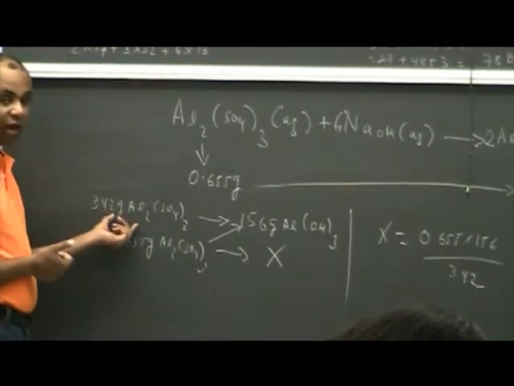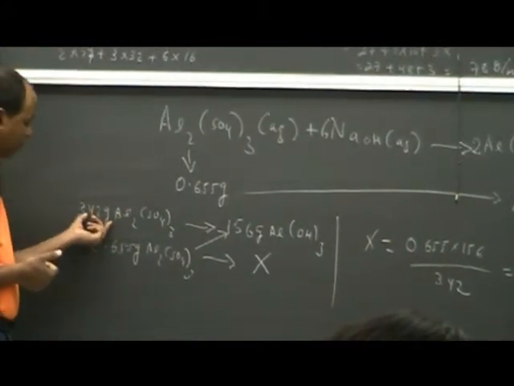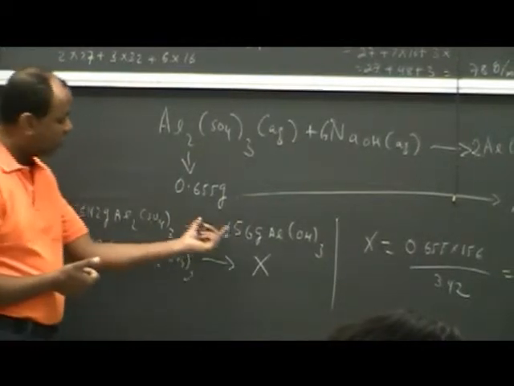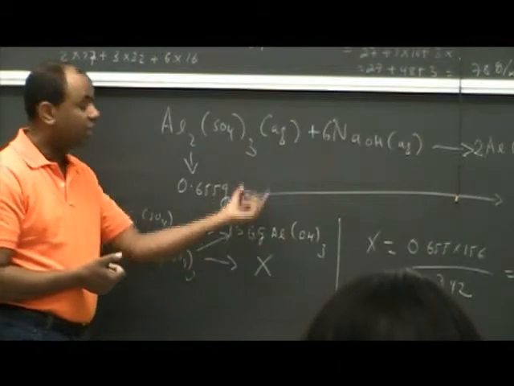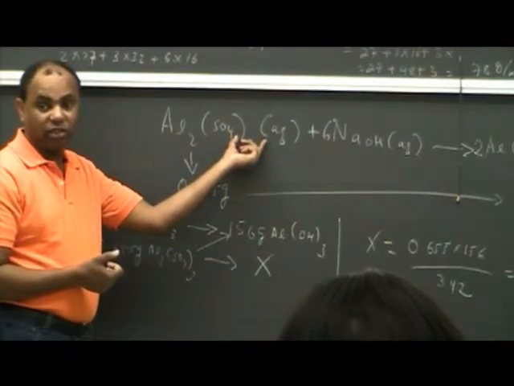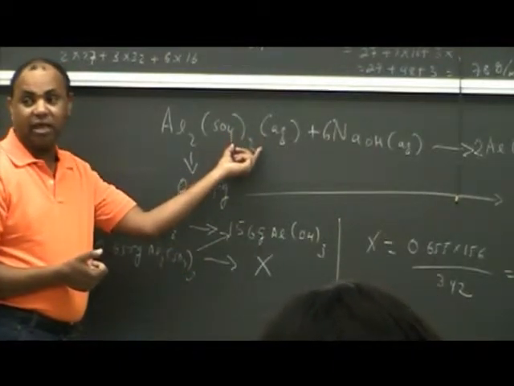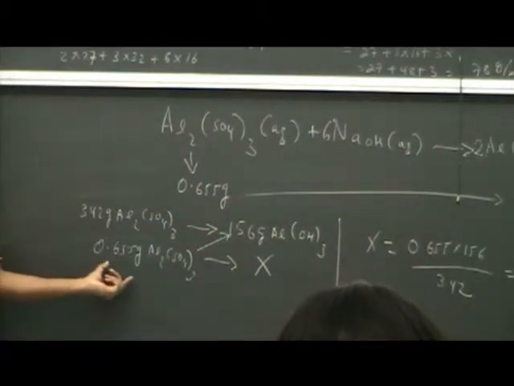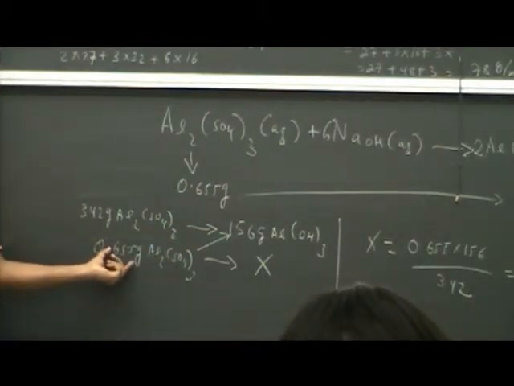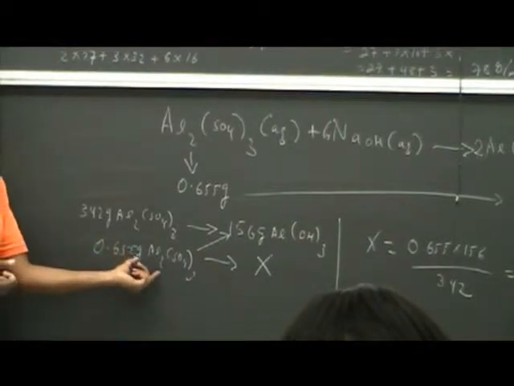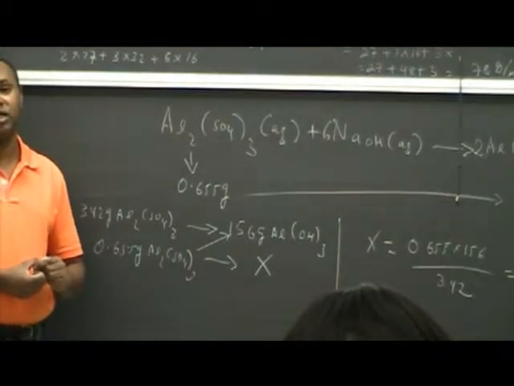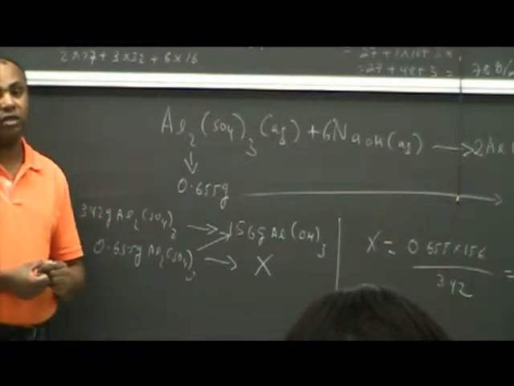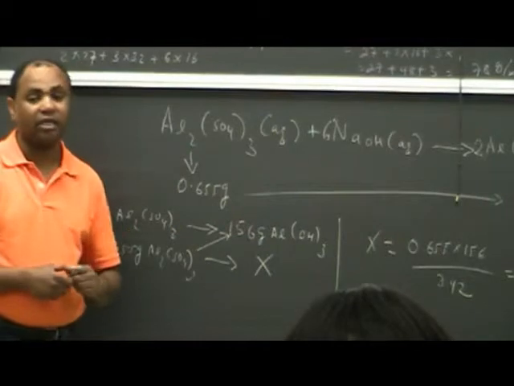From the equation, we have 342 grams of aluminum sulfate provides 156 grams of aluminum hydroxide. Then we move to the given value: if we have 0.655 grams of aluminum sulfate, how many grams of aluminum hydroxide can be produced? So we use crisscross and we can get the answer.